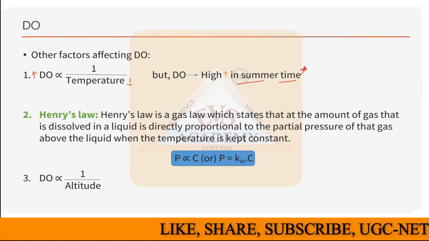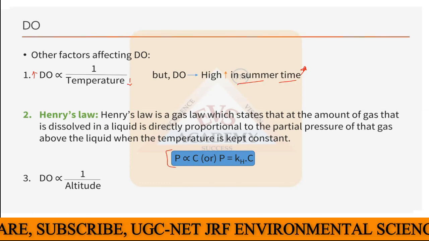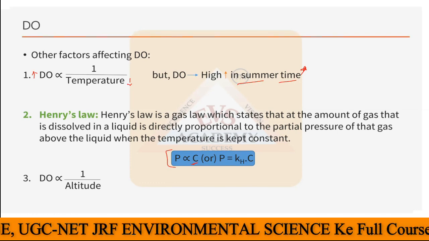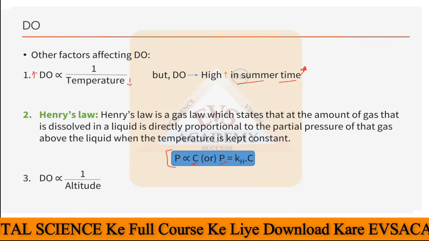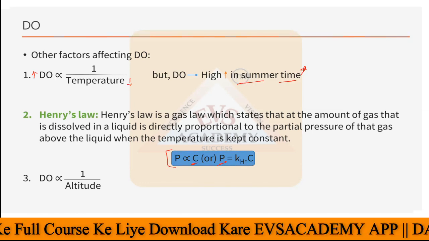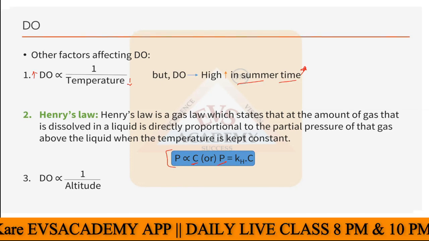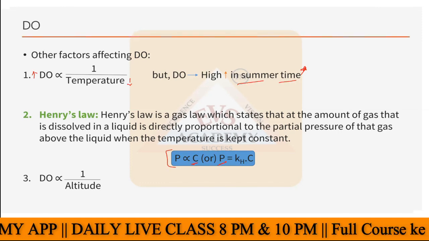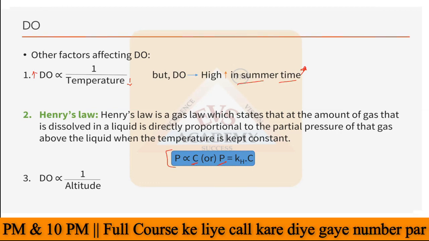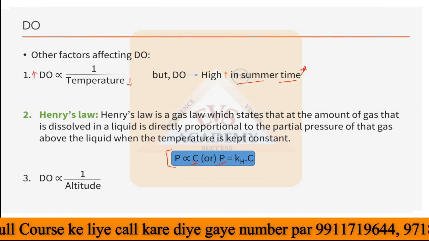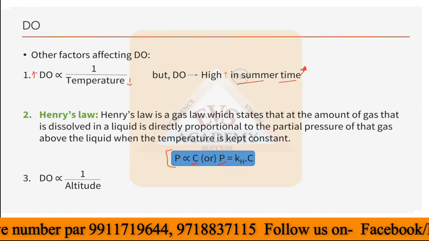So the partial pressure P is directly proportional to C, the dissolved concentration, and P equals KH C. So KH here is a constant which was introduced by replacing the proportionality. So the solubility of the gas is directly proportional to the partial pressure of that particular gas above the liquid surface.